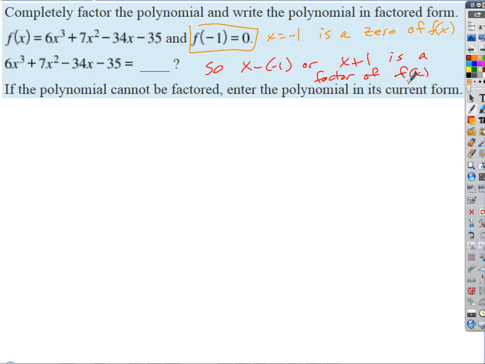So these go together. The 0 and the factor are always interchangeable, depending on which one we need for that situation.